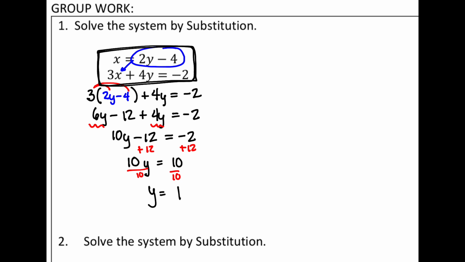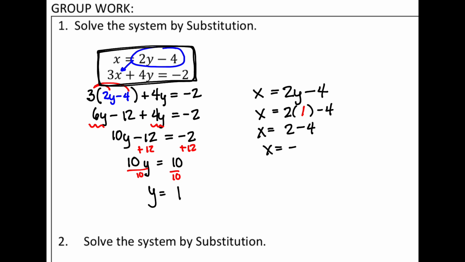Okay, so I'm going to rewrite the first one over here, and I'm going to substitute y equals 1 into it. So 2 times 1. Is that going to throw you off with the red? Because this was the red solved part, right? Okay, minus 4. So x equals 2 minus 4. X equals -2.